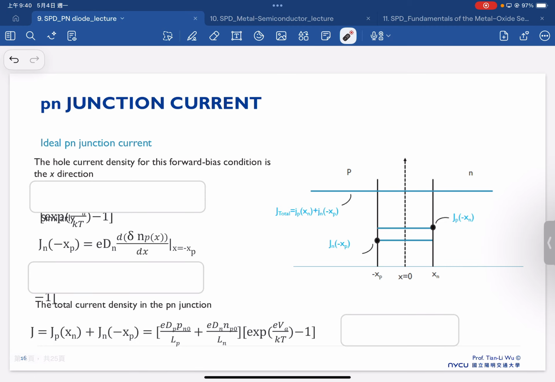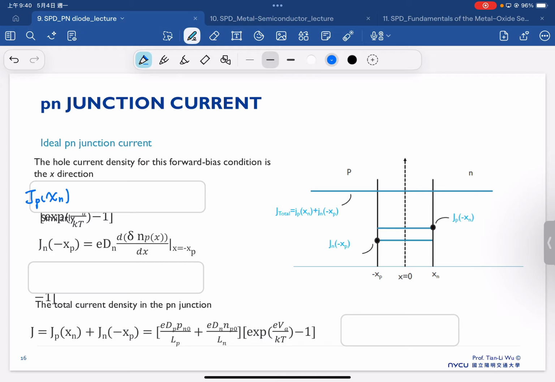Next, we put all the equations we know into calculating the diffusion current. The hole current density for this forward bias condition in the x direction can be expressed as shown here.